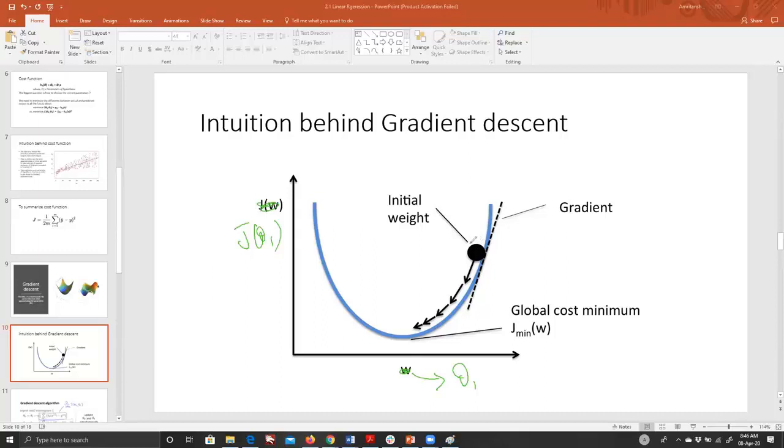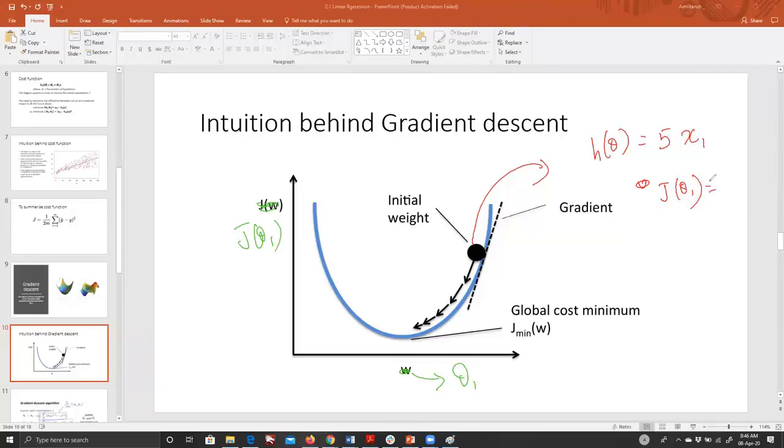Now initialize the weights. You take a hypothesis and say some value of theta 1. Let's say initialize as 5. Again, random initialization, guys. Basically you have to calculate the loss, so J theta 1.